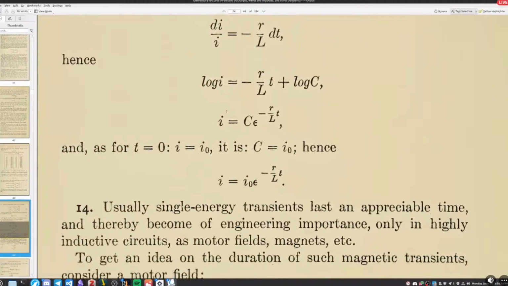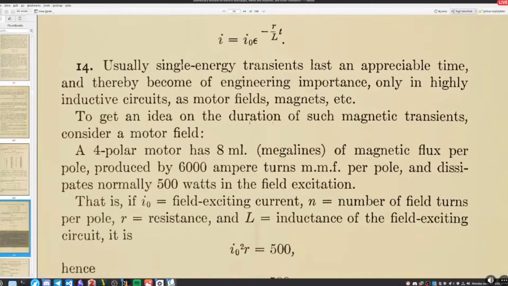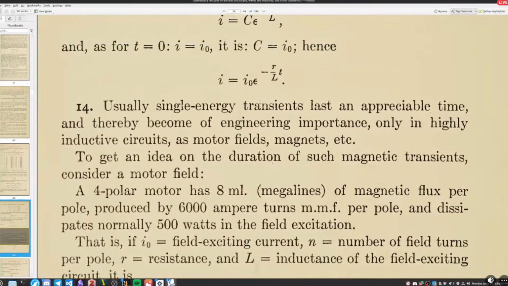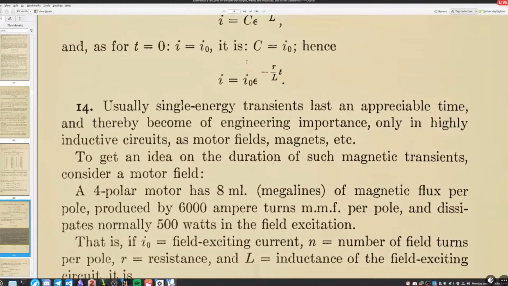Hence, the logarithm of i equals negative R over L times t plus log c, so i equals c epsilon to the negative R over L times t. And as for t equals 0, i equals I naught, it is c equals I naught. Hence, i equals I naught epsilon to the negative R over L times t.